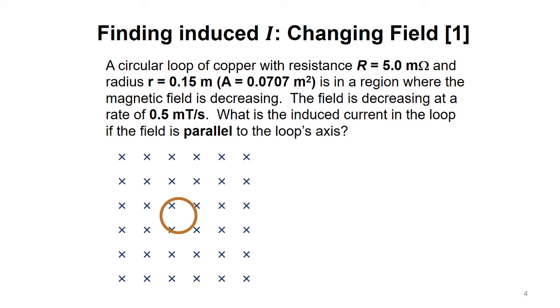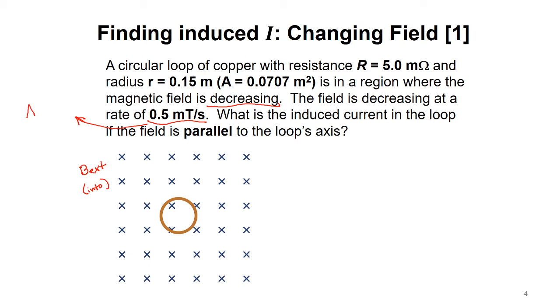And here the magnetic field is decreasing. We have a magnetic field pointing into the page, and it's decreasing at a rate of 0.5 millitesla per second. So what does that tell us?